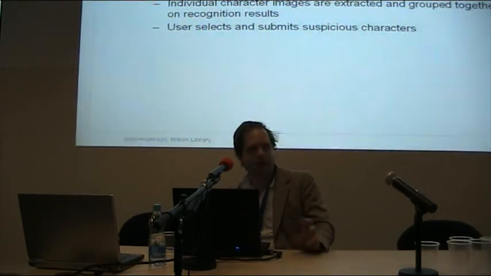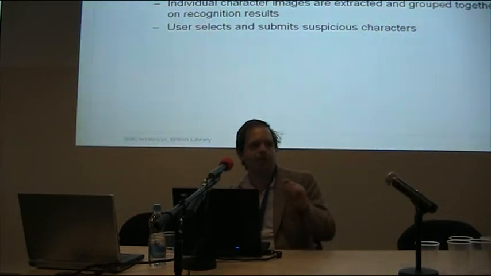And so it's binarized and segmented and all of that. And it does what most OCR engines do, and our default engine is Abby, which is that it assigns a confidence value to each of the characters. But where this tool starts to work is that it makes a graphical representation of those confidence values, and it picks out the ones that it thinks are suspicious.